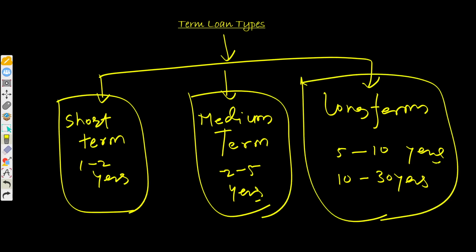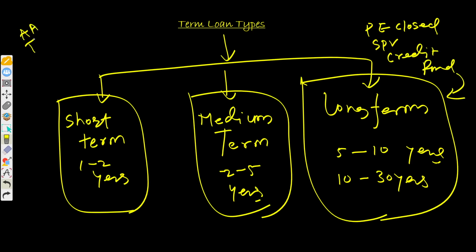Most of the private equity, closed-end funds, SPVs and credit funds invest in all these terms. Of course, they invest through different documentation like assignment agreements, trade confirmations, and other legal documents, as you would see.